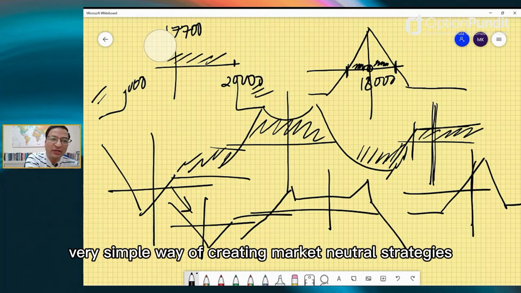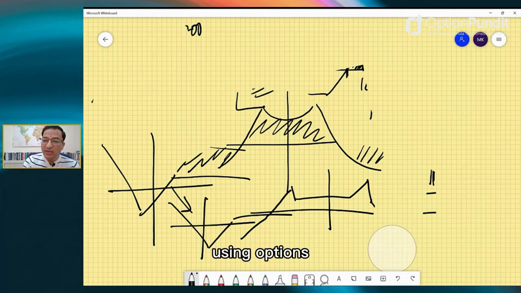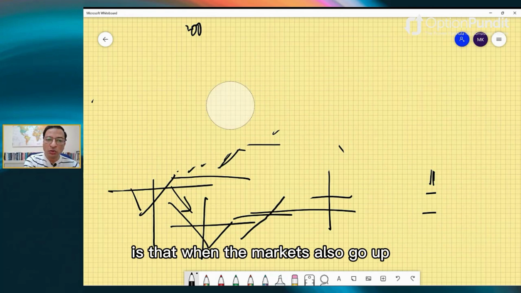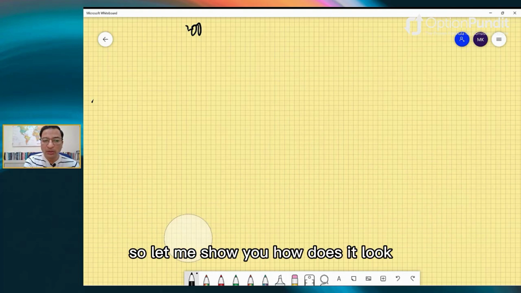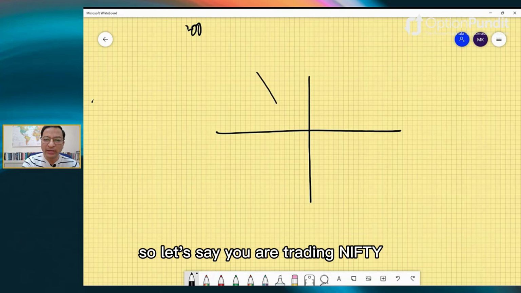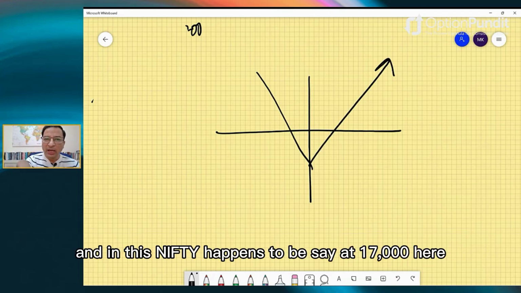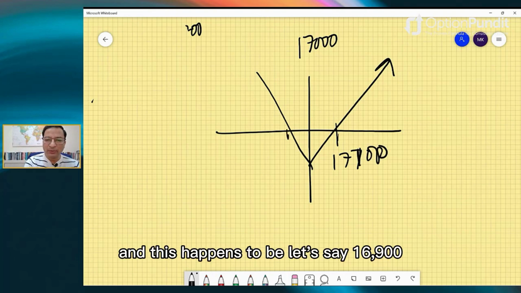One of the very simple ways of creating market neutral strategies using options is that when the markets go up, you make money, and when the markets are going down, you still make money. So let me show you how it looks. It looks like this. Let's say you are trading Nifty, and Nifty happens to be at 17,000 here, and this is 17,100, and this happens to be 16,900.